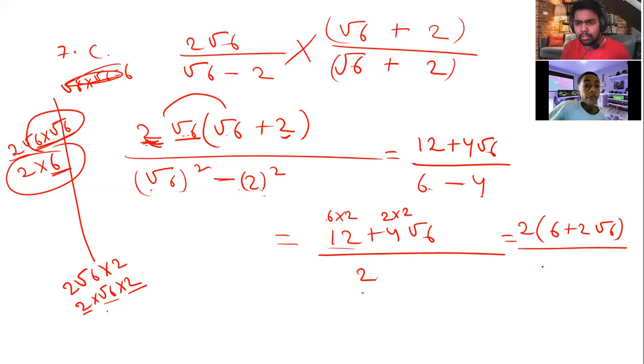If you take the commons, you can cancel the 4 by putting it in the root. Not the 4 in the root, you can put the 2 multiplied by 2 on the root 6. It can be root 6 multiplied by 2 multiplied by 2.